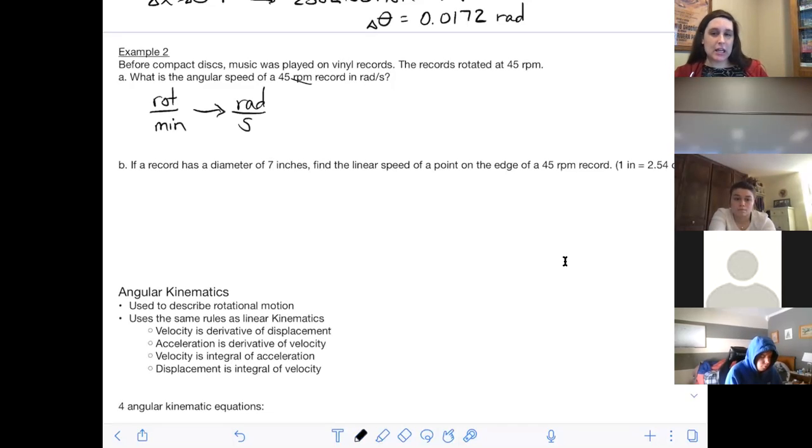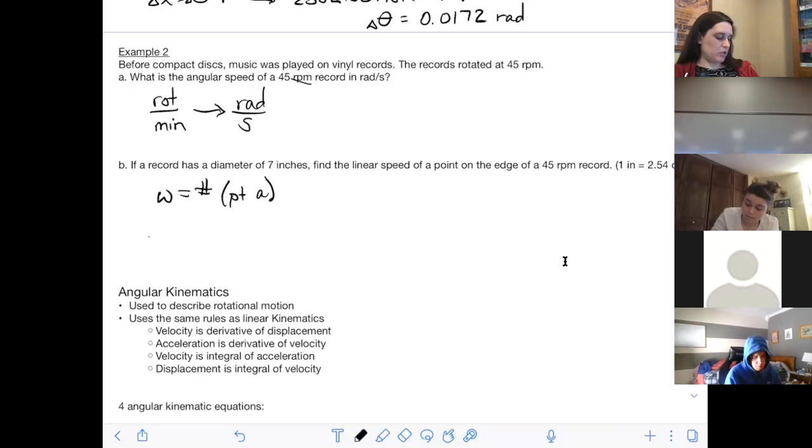You can check out the key to do that. In part B, you were taking that omega, which you had found in part A, and you were going to use v equals omega times r in order to get a linear velocity.